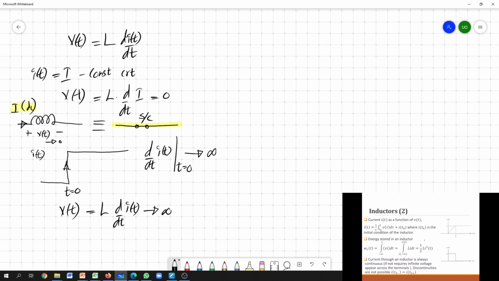So this is again not practical and not possible in a practical circuit, because we basically feed power to the circuit through a finite source, a finite DC source or finite AC source. So if we apply this kind of a variation to the inductor, we know that the voltage induced is something like that.